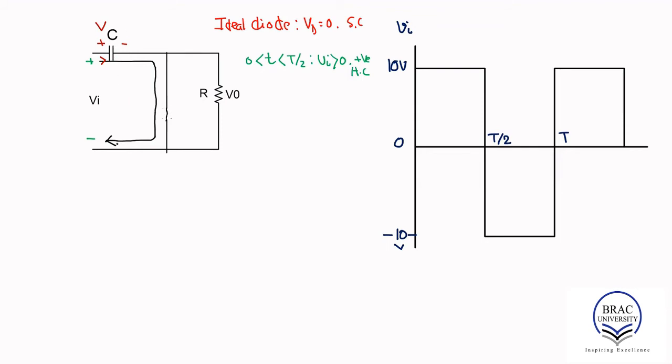If we apply a KVL, we found out plus Vi minus Vc, and this is short circuit, is equal to 0. So that means Vc is equal to Vi, and the value of Vi is equal to 10 volt. So this is the voltage across the capacitor when the diode is on.